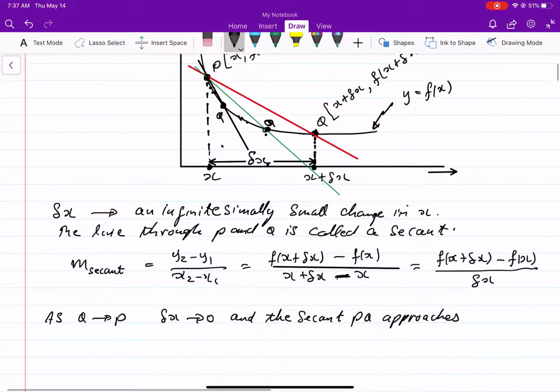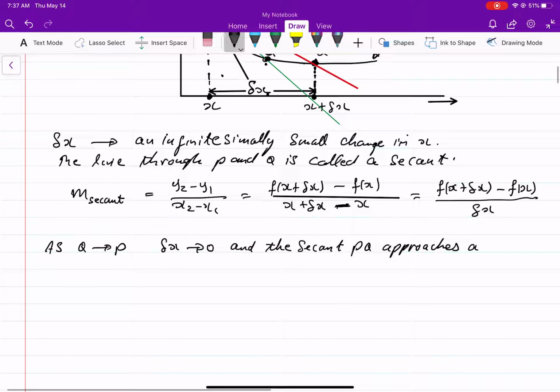The secant PQ approaches a tangent at P. Well, if the secant PQ approaches a tangent at P, it implies that the gradient of the secant PQ approaches the gradient of the tangent.